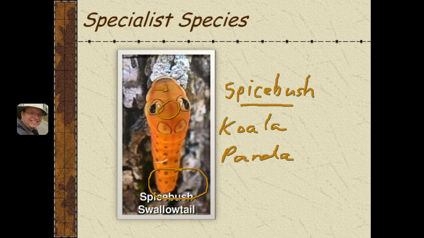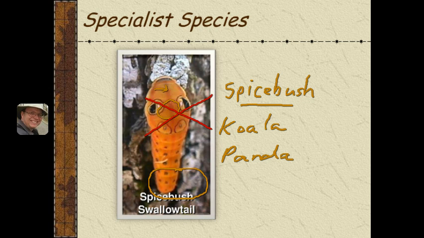If the koala bear can't get eucalyptus, if the panda bear can't get bamboo, if the spicebush swallowtail butterfly caterpillar can't get spicebush, what's going to happen? Not good. So the problem with being a specialist is that it leaves you vulnerable.